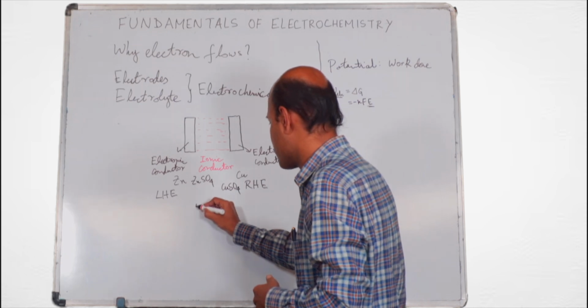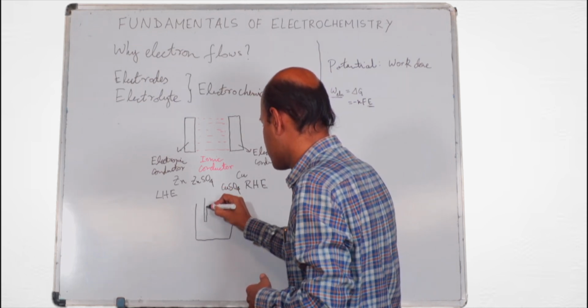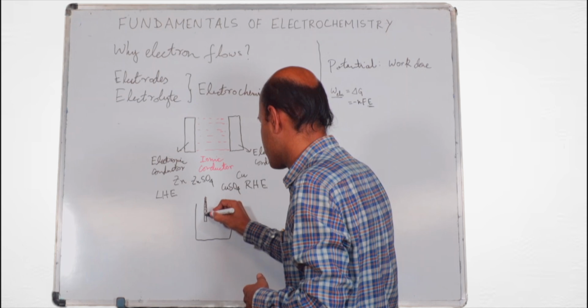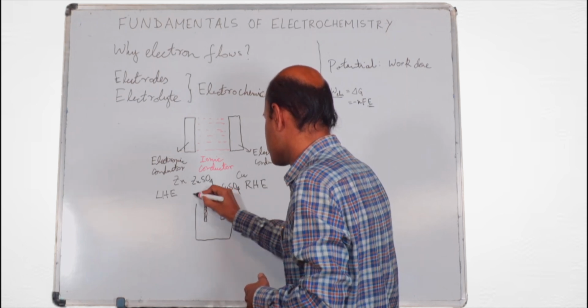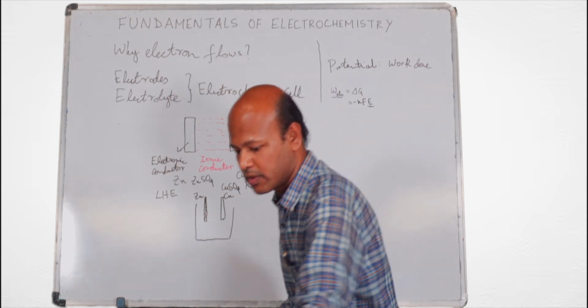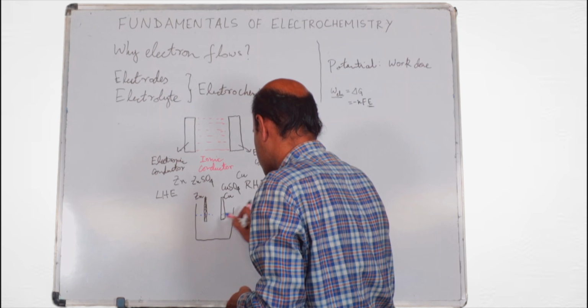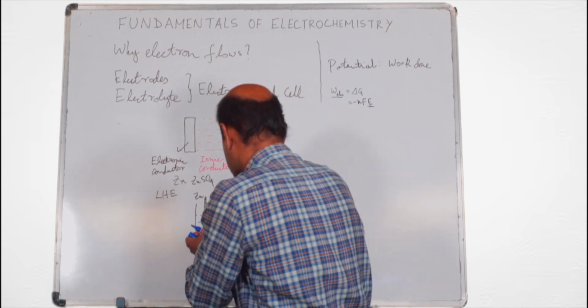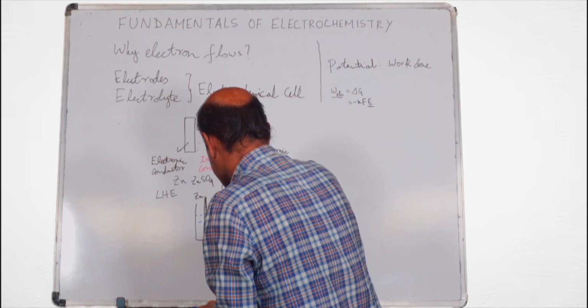If I draw a more specific diagram, this is my zinc electrode, this is my copper electrode, and my electrolyte is here. It has to be made half because the salt bridge will come.